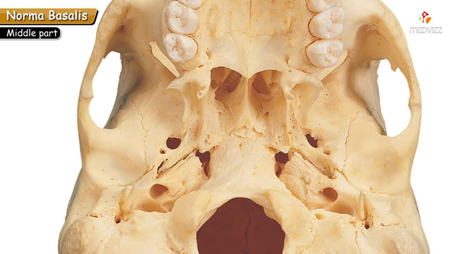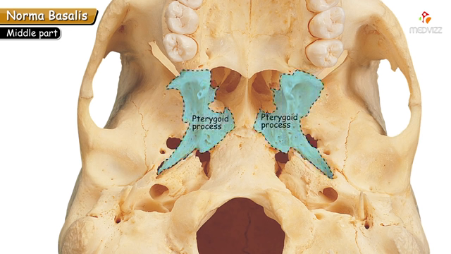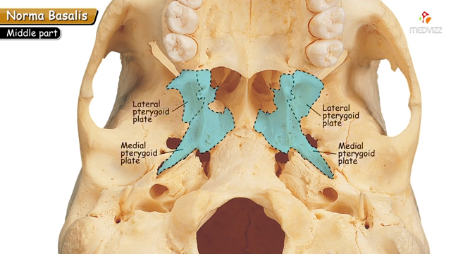Starting with this pterygoid process. The pterygoid process is the process from the sphenoid, and it is present posterior to the last molar tooth. If you see, it is present just behind the last molar tooth. The pterygoid process shows 2 pterygoid plates, lateral and medial pterygoid plates.